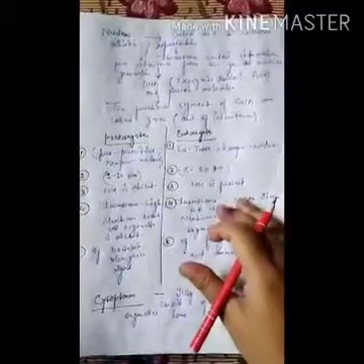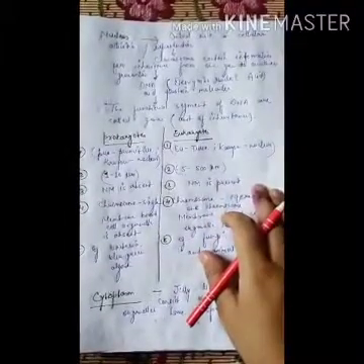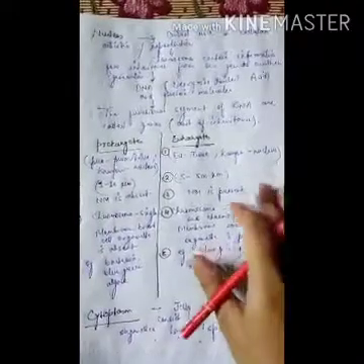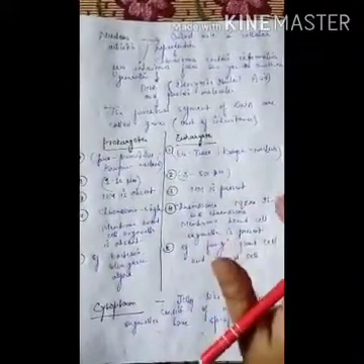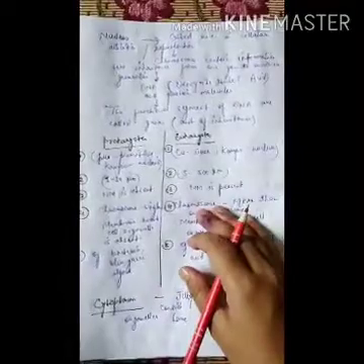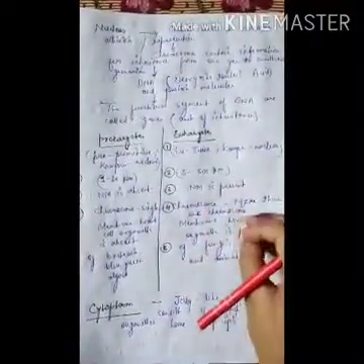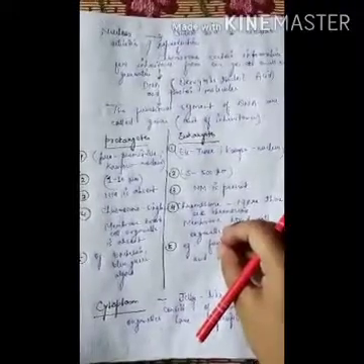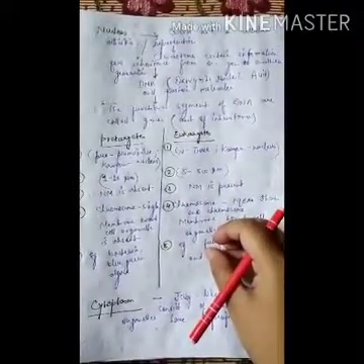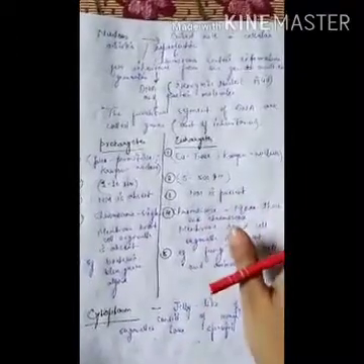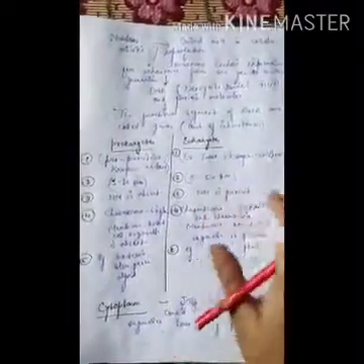Now, there are two types of organisms according to the covering of the nucleus. The nucleus is covered by the nuclear membrane. According to the presence or absence of the nuclear membrane, we divide organisms into two types: prokaryotes and eukaryotes.